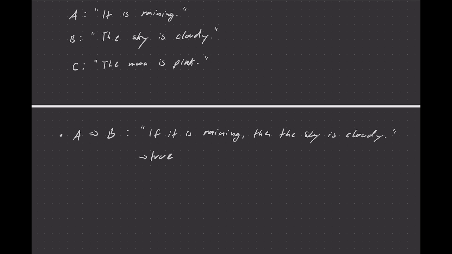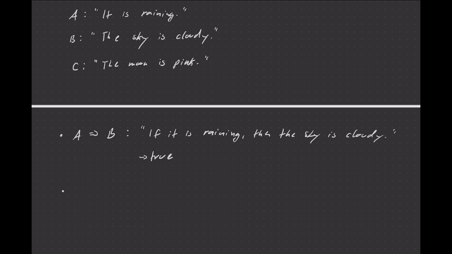So if there is rain, then of course that rain needs to come from clouds. So the sky should actually be cloudy if it is raining. Of course that depends a little on your definition of rainy and cloudy, but under normal circumstances I would say this is a true statement. If it's raining, then it's always cloudy. If it doesn't rain, we don't really care whether it's cloudy or not. Yeah? If A is false, then B doesn't have to be anything.